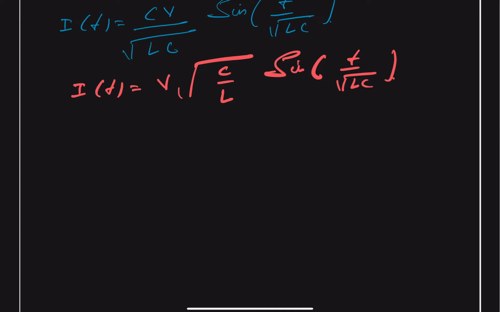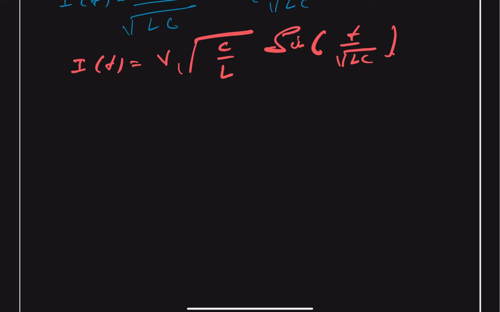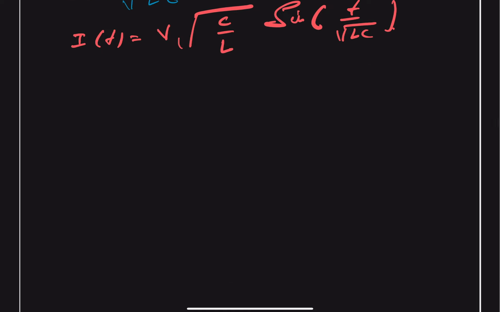And we have to find out the maximum instantaneous current. For the maximum value, the sine of omega t will be equal to 1. For maximum I of t, we should have sine of t upon root LC equal to 1.